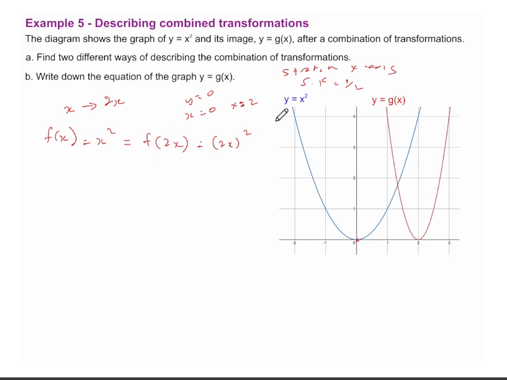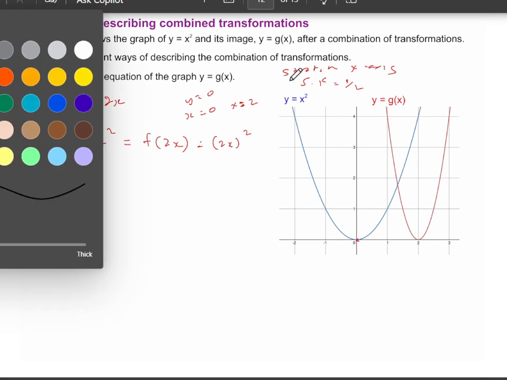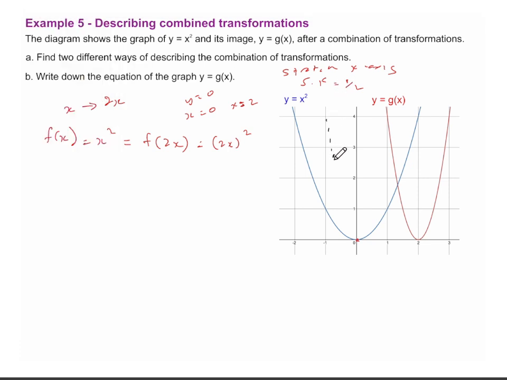Then once that happens, we would currently have something that's looking like this. Okay. And we want to change it into this right here. So we want to move it 2 units to the right, and we would want our x to become x minus 2, right?